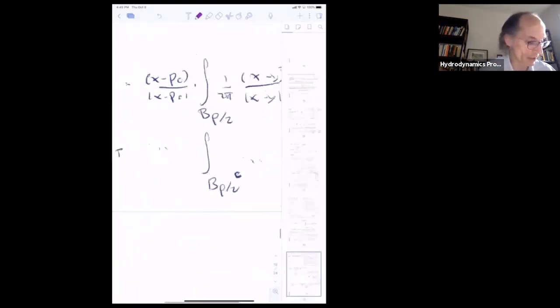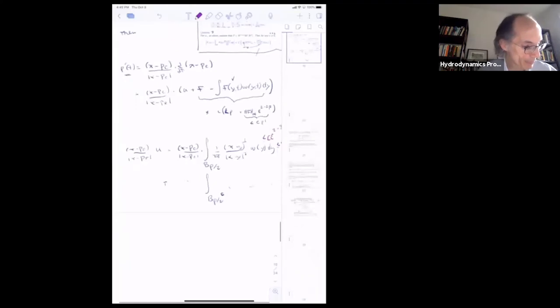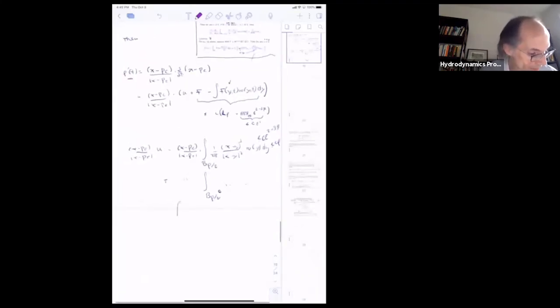So by lemma 1, this will be less than, say, m sub t of rho over 2, the L1 norm of the vorticity to some power.